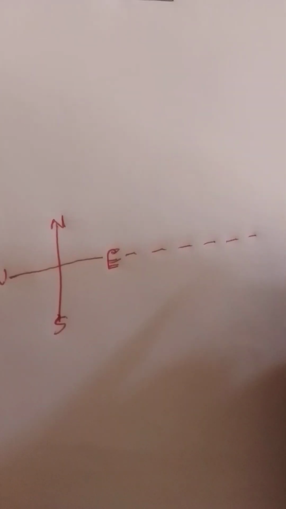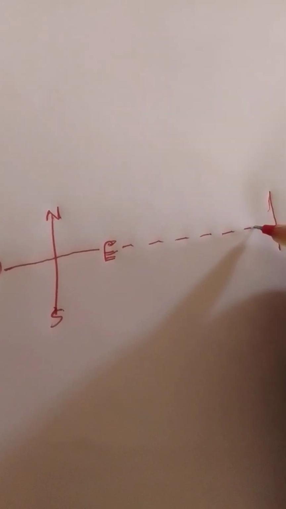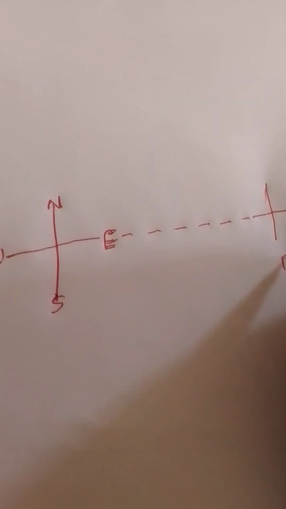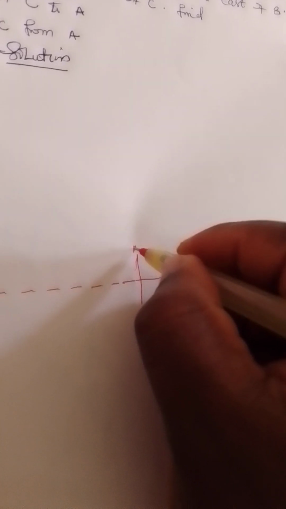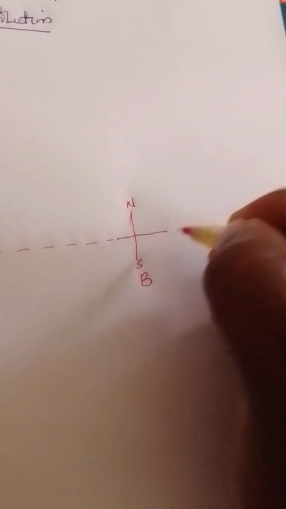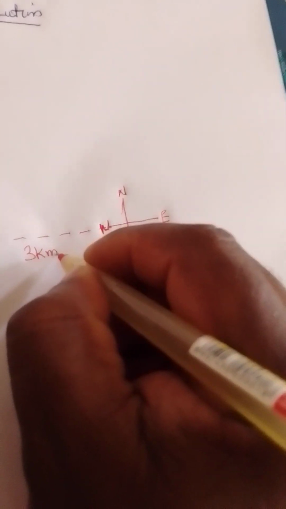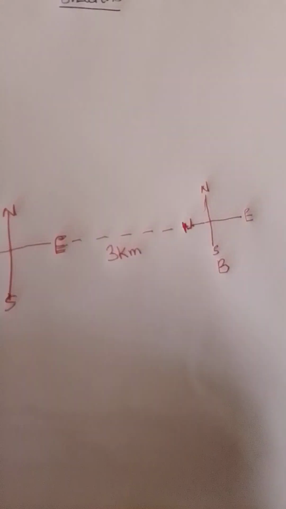Now to that of B, so we'll call this B. And we'll write north, south, east, and west here. So due east, that is how it works. The person walks 3 kilometers. All right.